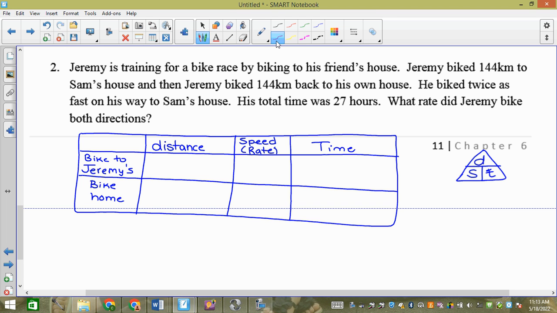Okay? So let's fill in what we do know. We know that the distance both ways is 144. And what we can do here is write kilometers, because that is the distance unit. We know his total time is 27. Total time is going to be down here. 27, and it's hours.